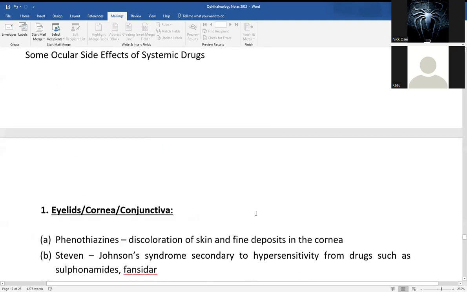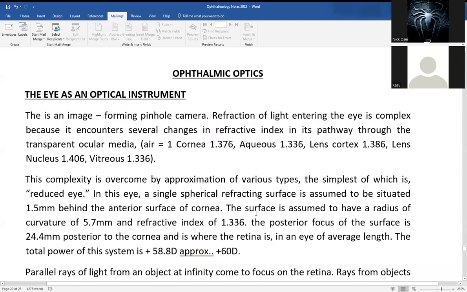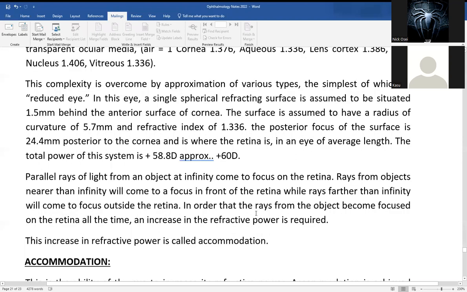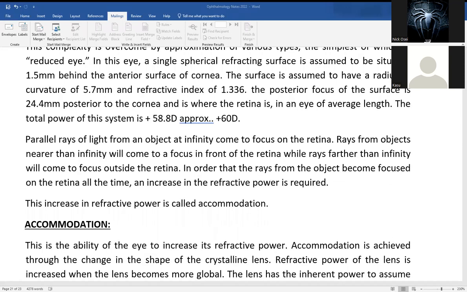So this one I've already given slides on, this includes refractive error. Pharmacology, I mean, you could be asked to write on some of these drugs, and of course, you should try and understand glaucoma a bit more.